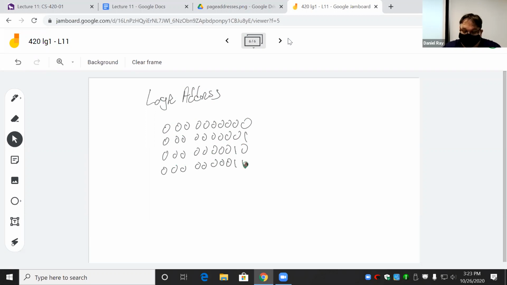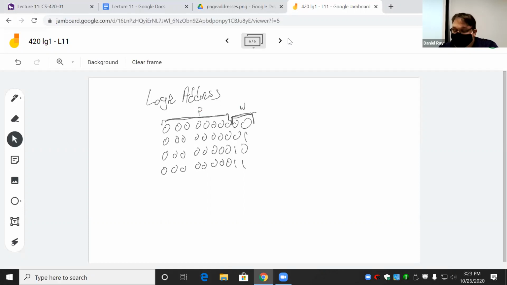If we want our page size to be 4 words long, we should use the rightmost 2 bits to be the word, and then the remaining bits to be the page.